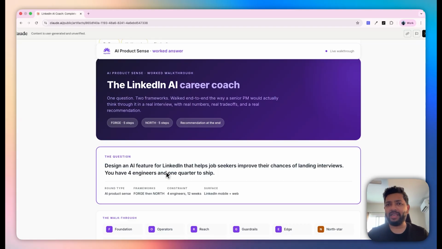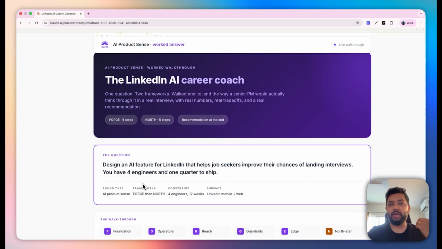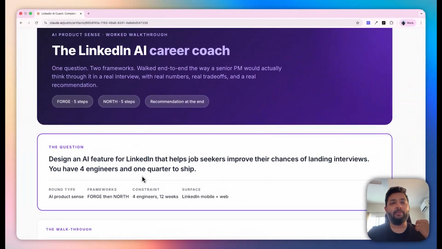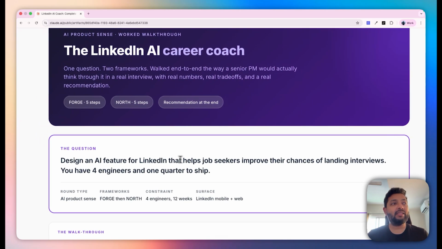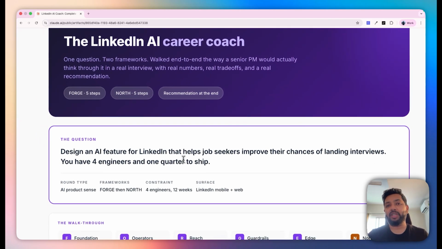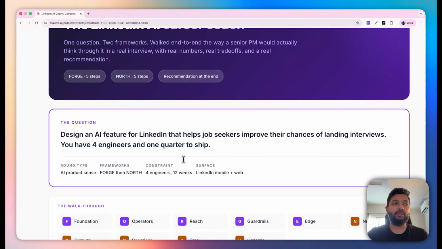The interviewer will clearly tell you upfront that they are asking for an AI feature. The second thing you're going to be given is a clear constraint on the number of engineers you have. So: design an AI feature for LinkedIn that helps job seekers improve their chances of landing interviews, and you have 4 engineers and a quarter to ship.